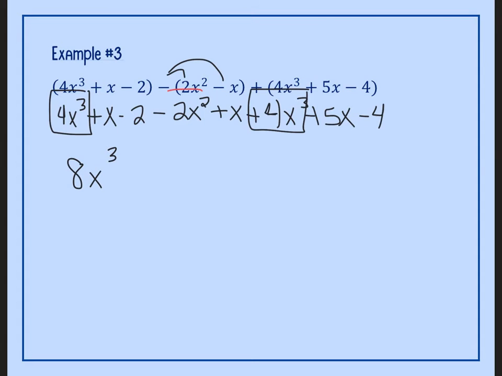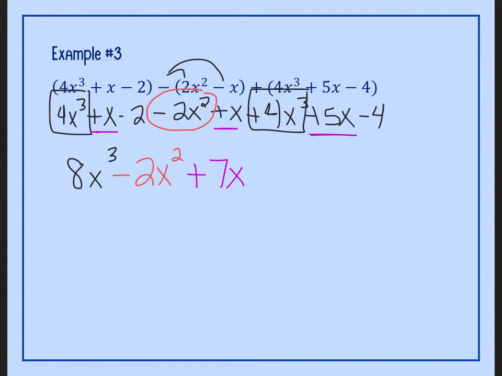I have a negative 2x squared, and I don't see any other x squared, so that's going to be my x squareds. Next, I'm going to look for x's. Okay, so for x's, I have a plus 1x, plus 1x, plus 5x. 1 plus 1 plus 5 is 7x.